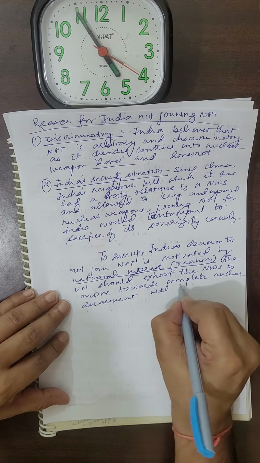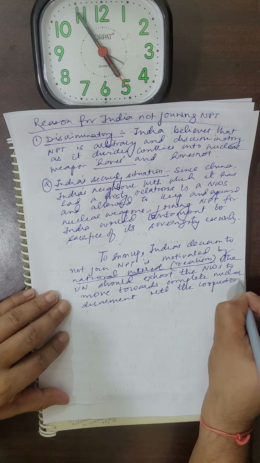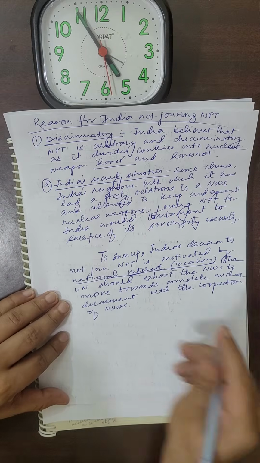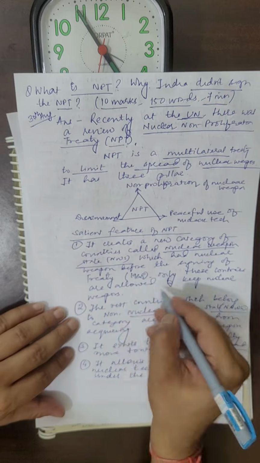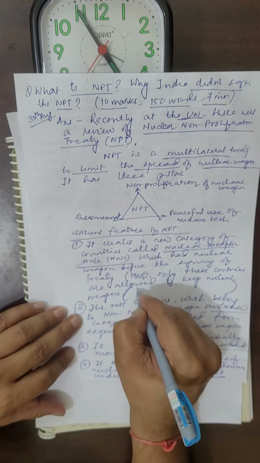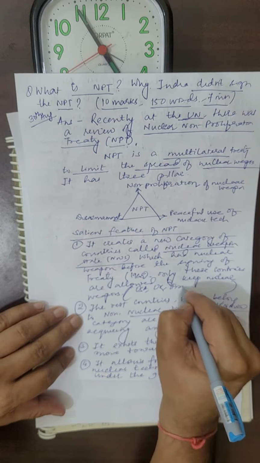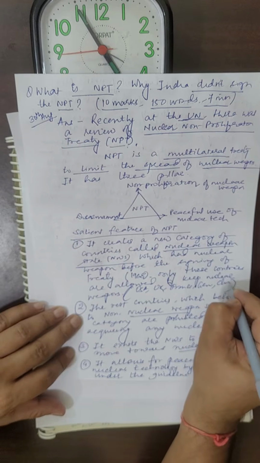Here what you can do is name the countries which are NWS, which are basically USA, UK, France, Germany and China.